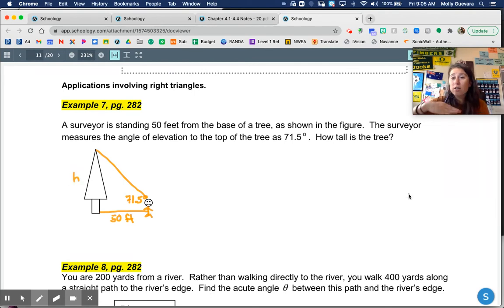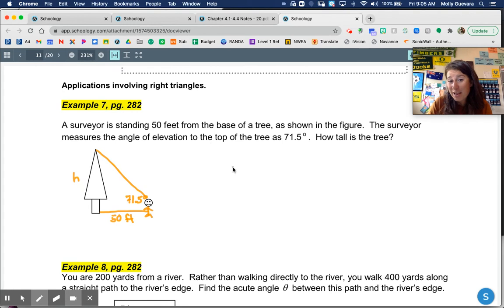So because it's angle of elevation, it's from the horizontal up to the object. So here's my angle, and I have to think about what do I have? I want to know the opposite side, and I have the adjacent side. So what trig function uses opposite and adjacent?